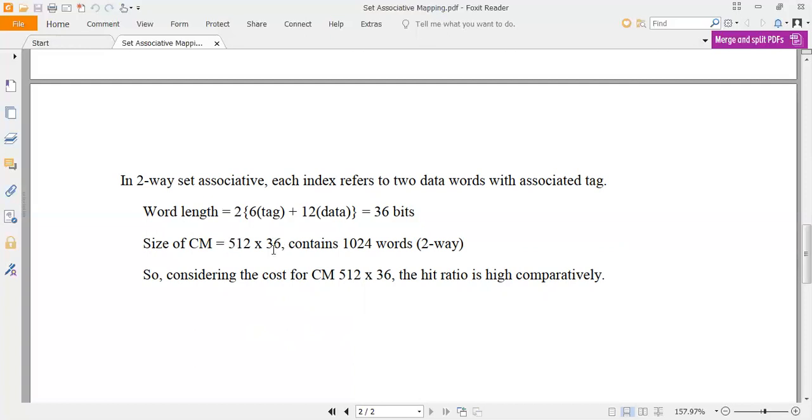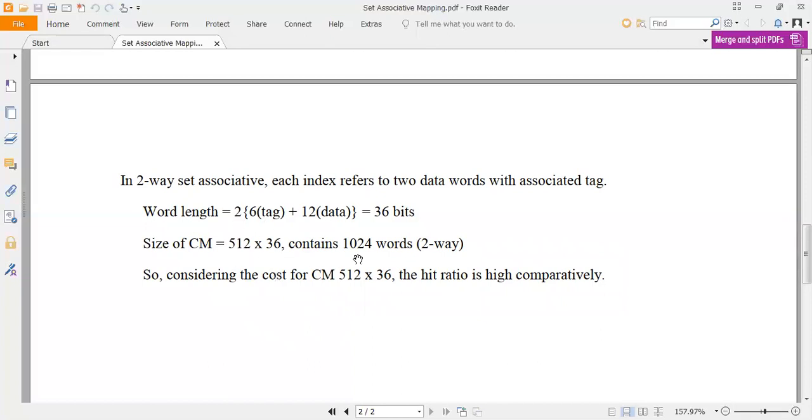512 into 36. If I ask how many data it can contain, the address capacity is 512, so it can contain 512 data. But in this scenario, there are 512 indexes, 512 addresses, and each address contains two data.